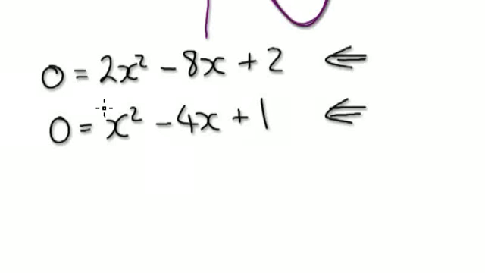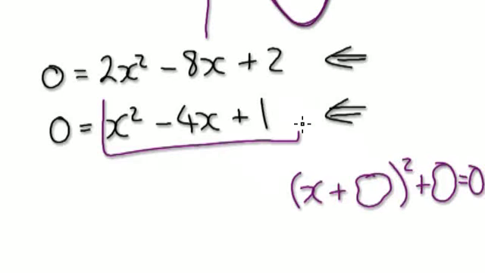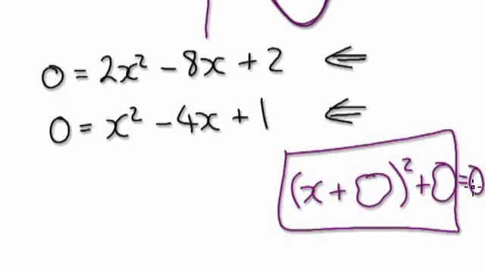In order to do this, we want to get it in the form of this. We want to factorize it. So that's x plus whatever, squared, take away or plus whatever, equals 0. Forget that it's 0 for the time being.